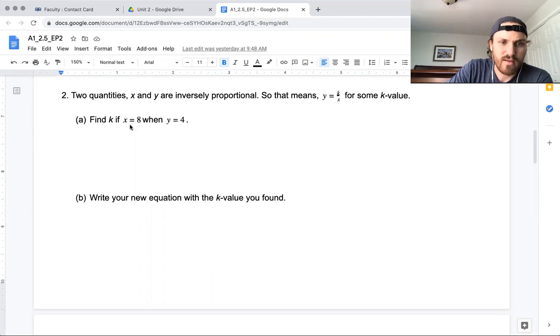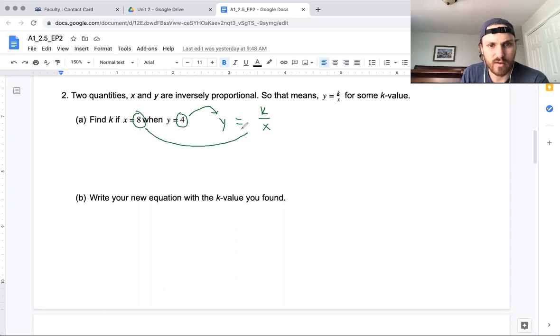It says find k if x equals 8 when y equals 4. This is kind of like what we did up above, except in this case we have to write out our equation, y equals k over x, and plug in two things. We have to plug in 4 for y and 8 for x.